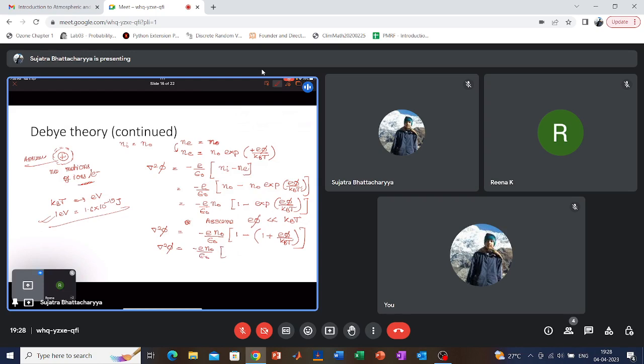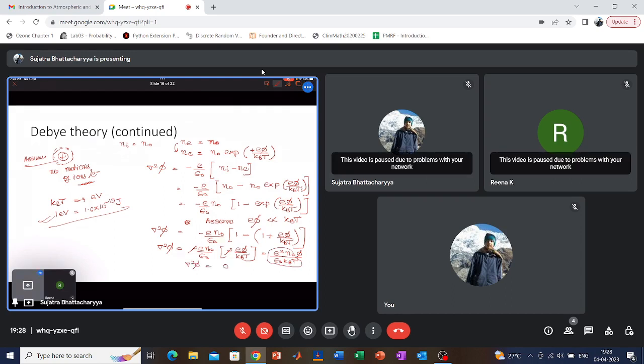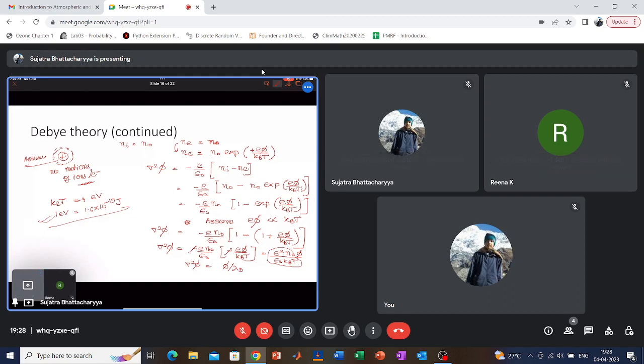It is 1 minus 1 which is cancelling, and there will be minus E phi by kBT. So this minus chops out. So what you get is E square n naught phi divided by epsilon naught kBT. Right? Now this thing can be further written as grad square phi is equal to phi by lambda d square. Sorry.